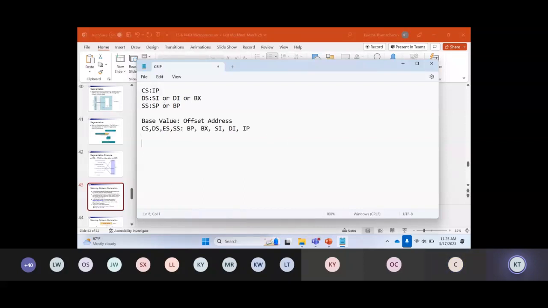Now assume I give you a question and ask you to calculate the physical address of this particular code.